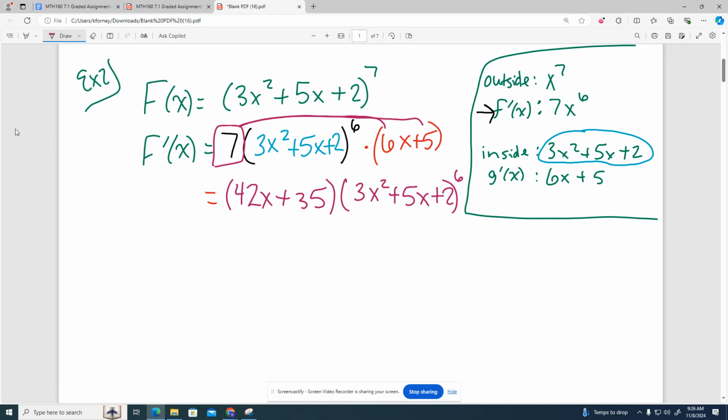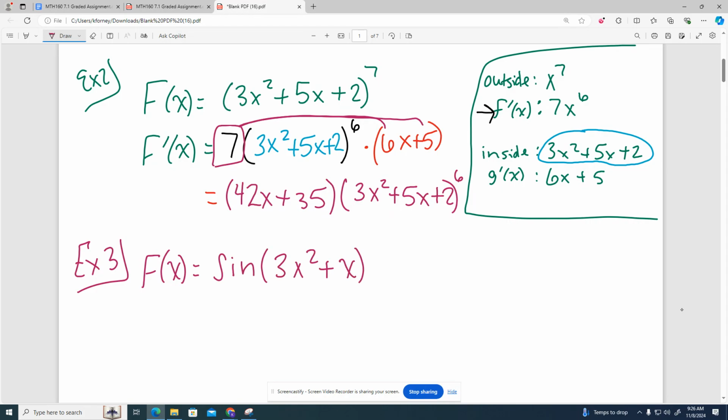All right, so now let's look at an example that has some trig. So let's do f of x equals sine of 3x squared plus x.